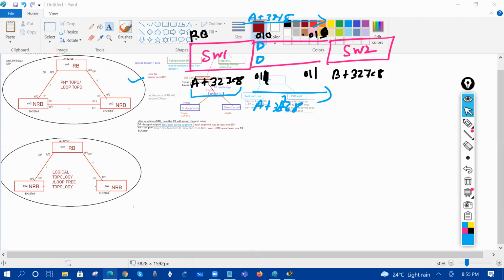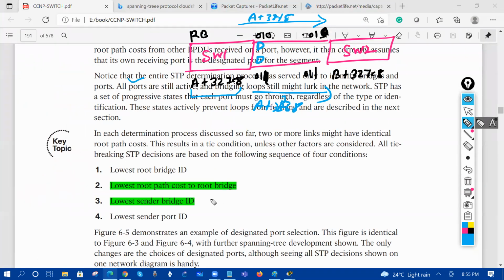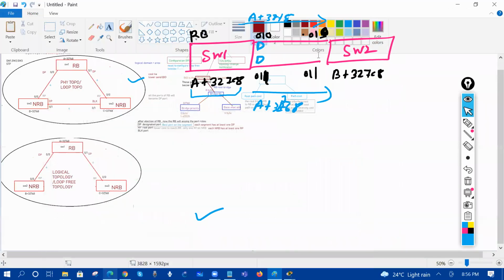If your lower sender bridge ID is tied, then you have to look at the lower sender port ID. So who has the lower sender port ID over there? This interface 0/0. So this guy will become the RP, and this guy will go for blocking.